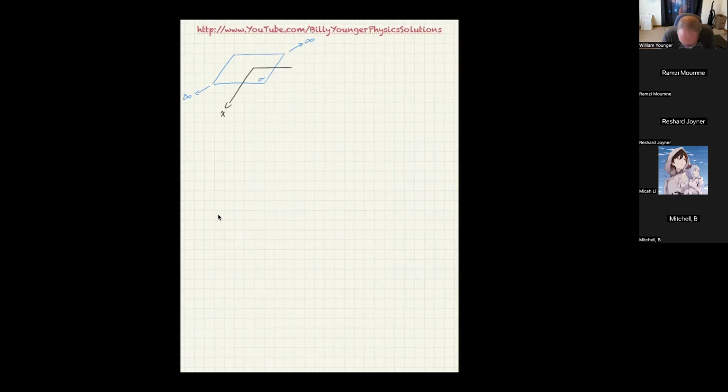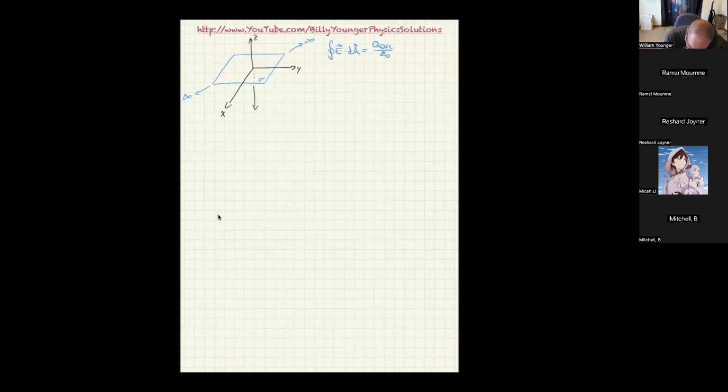So this will be my x-axis, this will be my y-axis, and then the z-axis will be perpendicular to the plane like this. And in so doing, I'm going to use Gauss's law, which says the closed integral of E dot dA is equal to Q enclosed over epsilon naught. That's what we're shooting for.